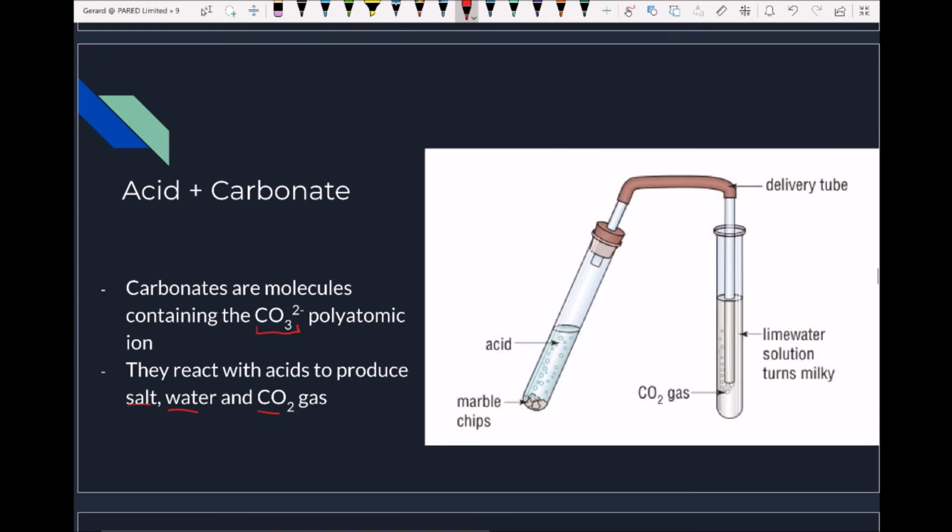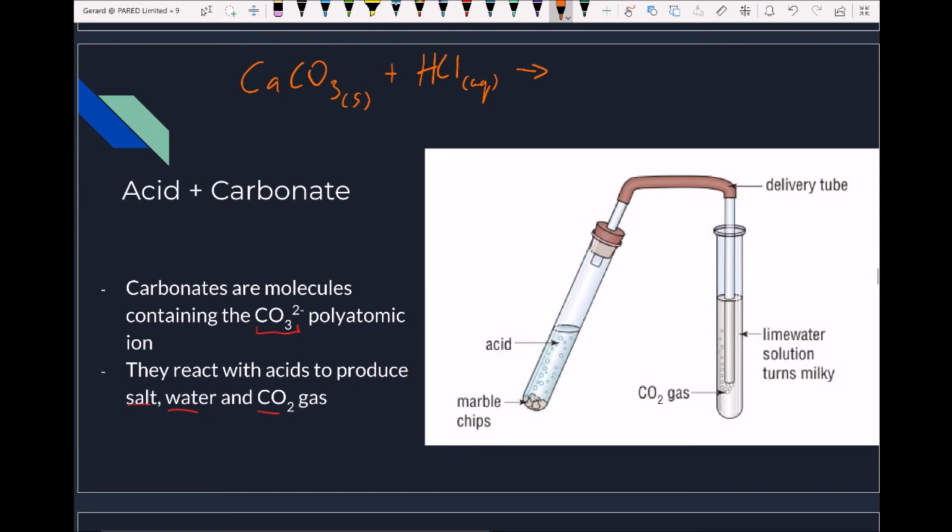We've got marble chips, which are typically calcium carbonate. That's solid because it's not dissolved. We're reacting it with our acid. Let's stick with hydrochloric acid, aqueous. Those two are reacting to produce our salt.